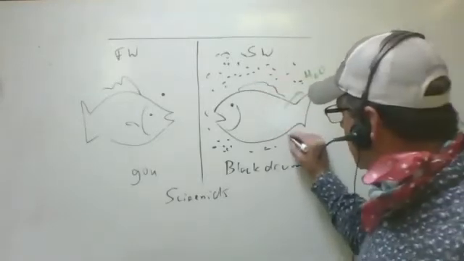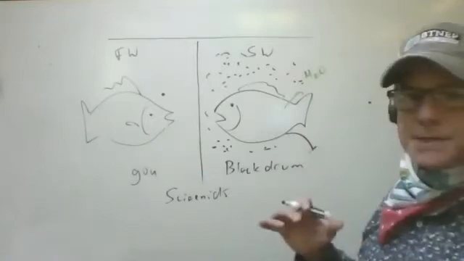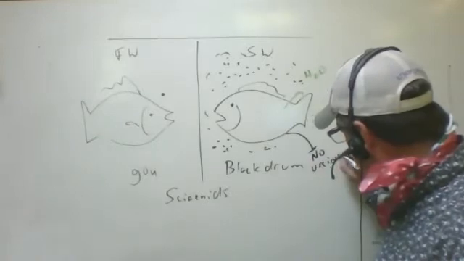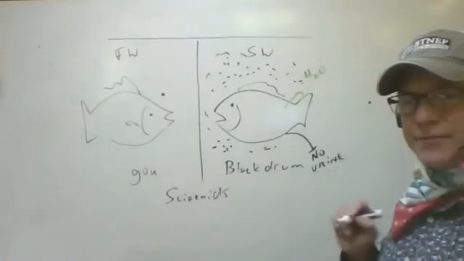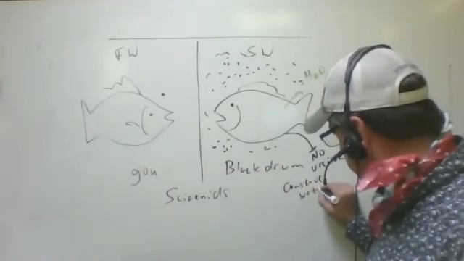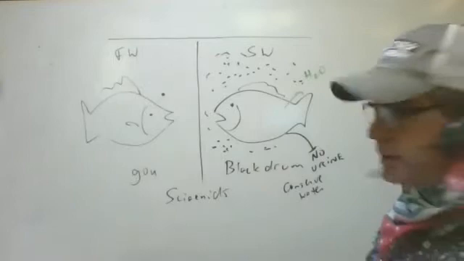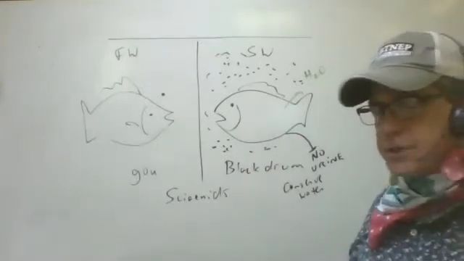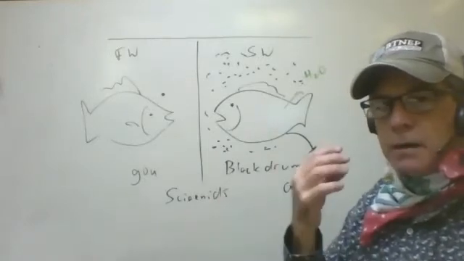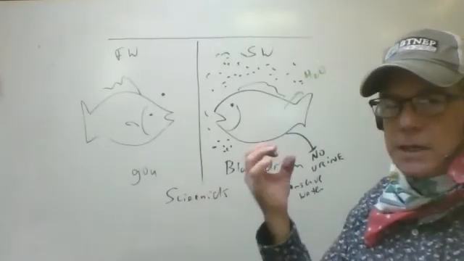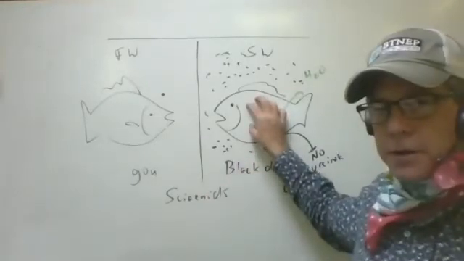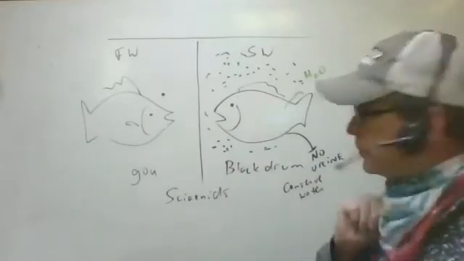A fish that's in salt water hardly makes any urine. They have to conserve water. They can't really drink the water. Oftentimes it's thought that the way they get water in their body is by eating another fish or a little shrimp, and the water that's in that shrimp's body goes through its gut into its blood. So they get water by eating.